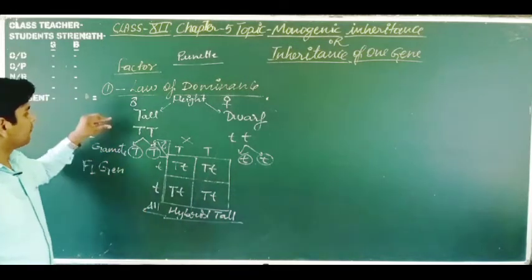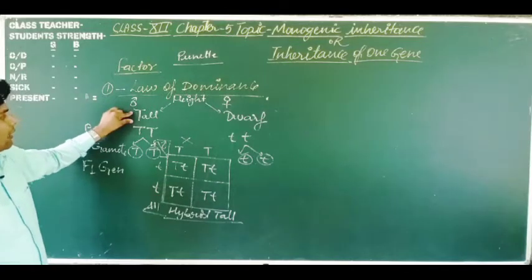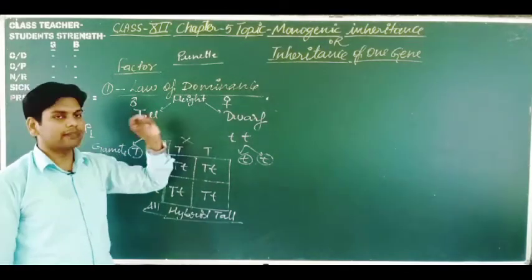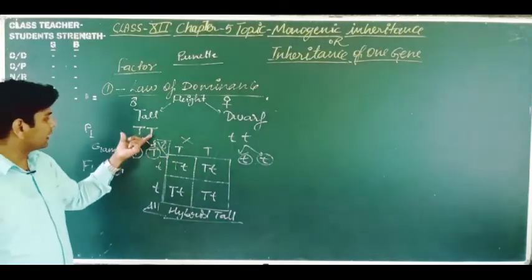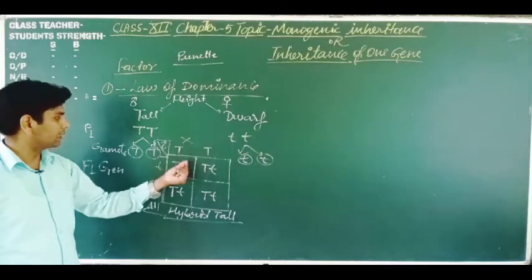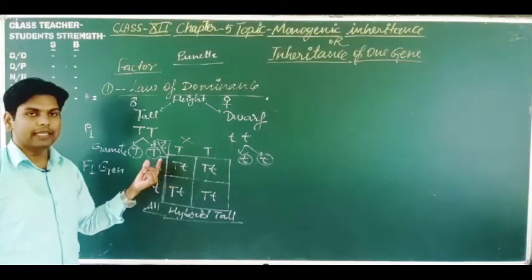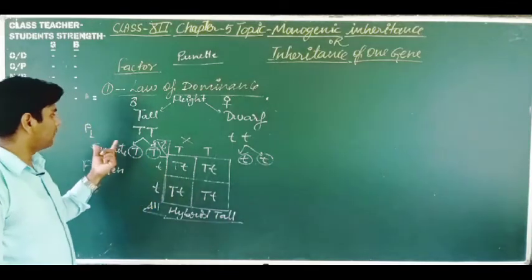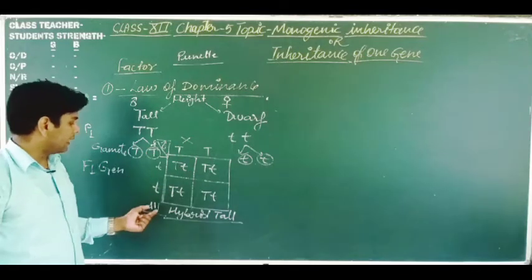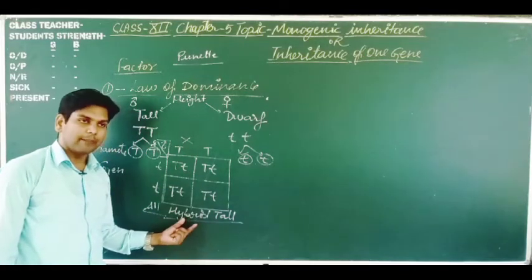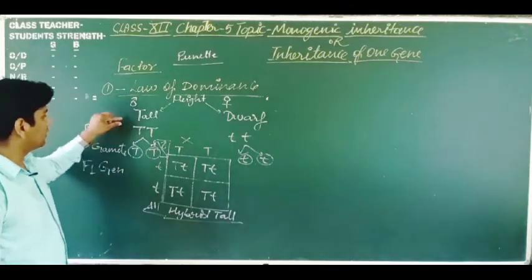Here we can see the tall character of one parent and the dwarf character of the other parent. These are two pure parents. They cross, and the alleles get mixed. You are looking at capital T small t, with 50% participation of the allele of each parent, but the physical or phenotypic expression is only tall.